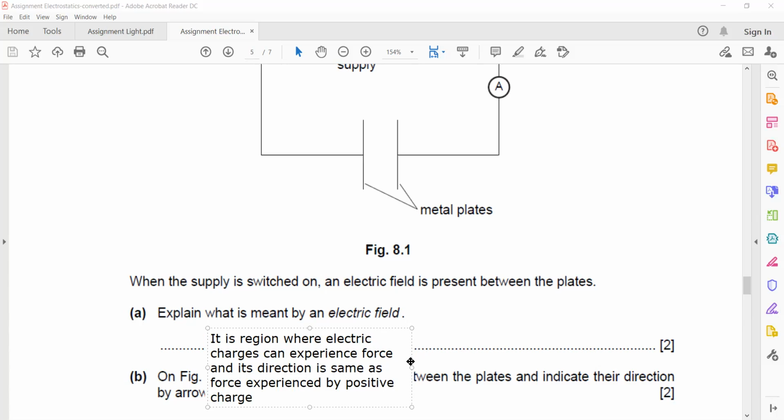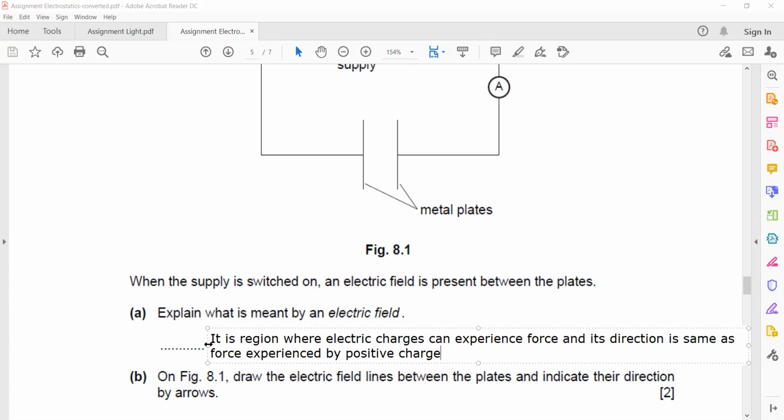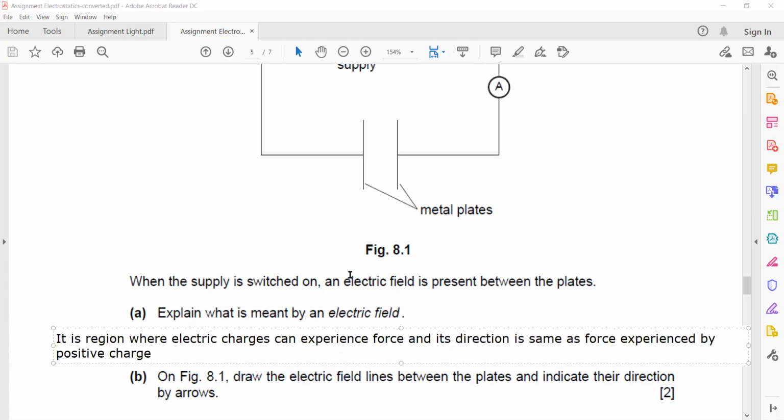So it is a region where electric charges can experience force, and the direction is always the same as the force experienced by a positive charge. Why is it 2 marks? One is for mentioning a region where electric charges experience force, and the second is for mentioning a direction. Its direction is the same as the force experienced by a positive charge.